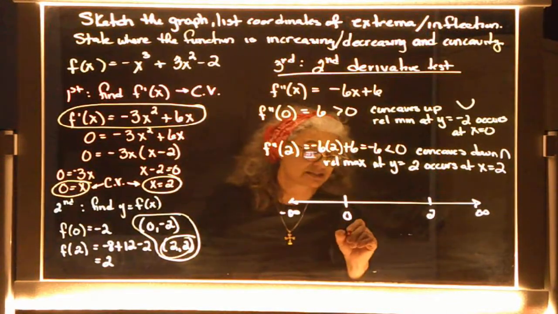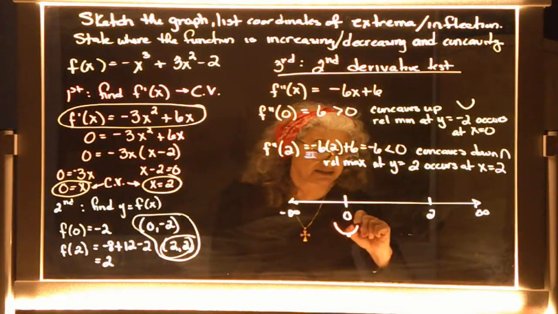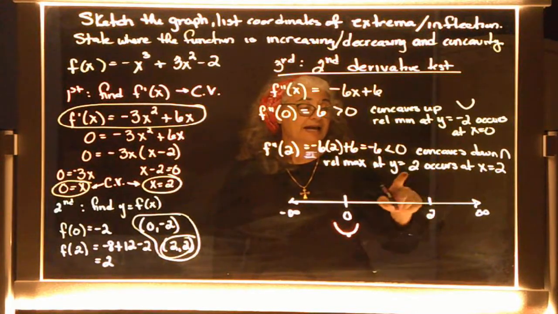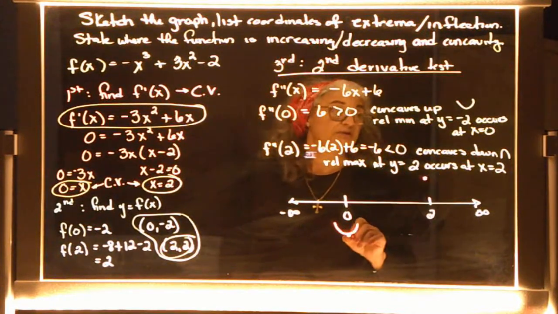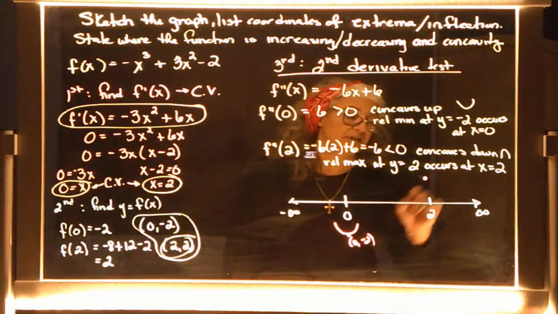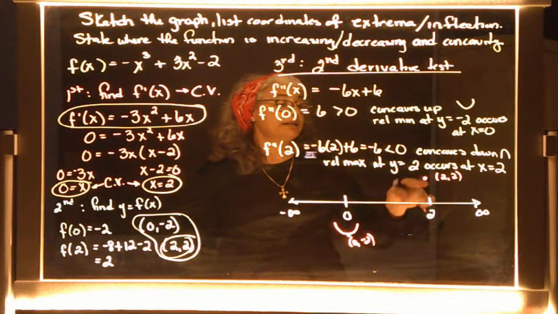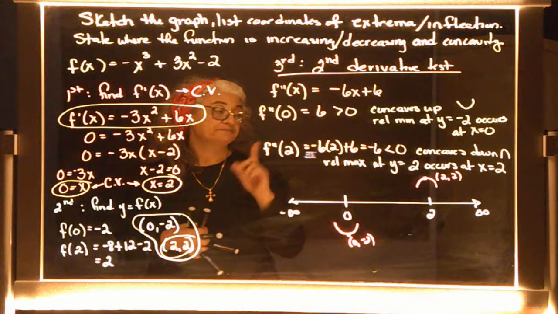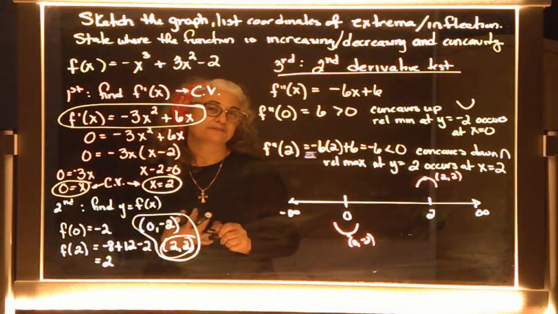So technically at 0, negative 2, this is concaving up, isn't it? And over here, at x equaling 2, the y was a 2. So what was this point? This point was 0, negative 2. This point is 2, 2. At this point, it concaved down, didn't it? Right? Okay. Here's how you can determine your increase and decrease.